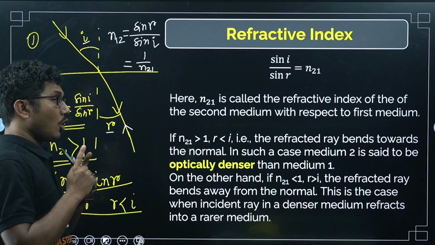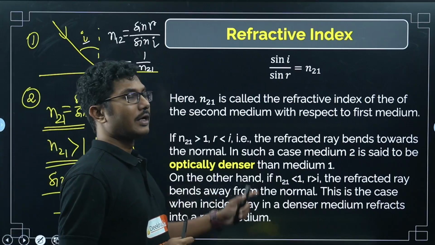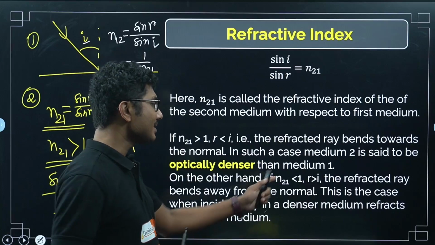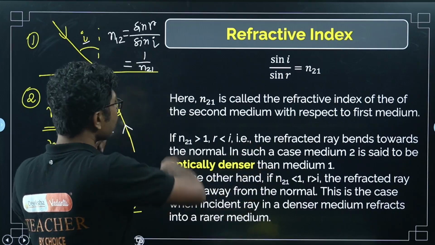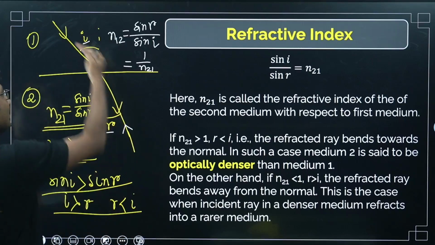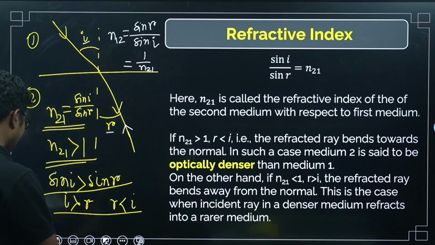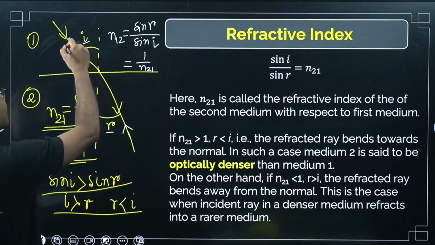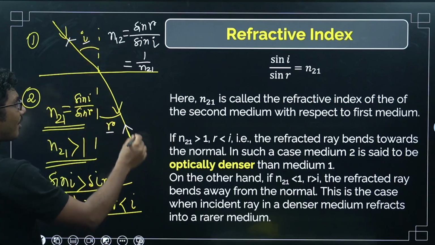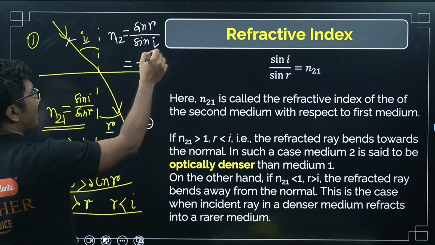Now on the other hand, if n21 is less than 1, that is the opposite case happening. Now light is suppose traveling from this to this, so you can follow the white arrows now. So light is traveling from this medium to this medium.